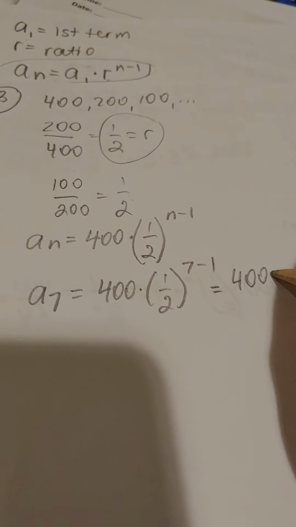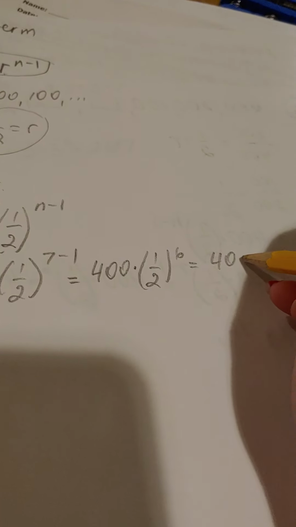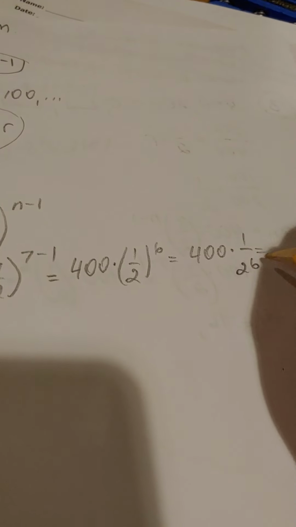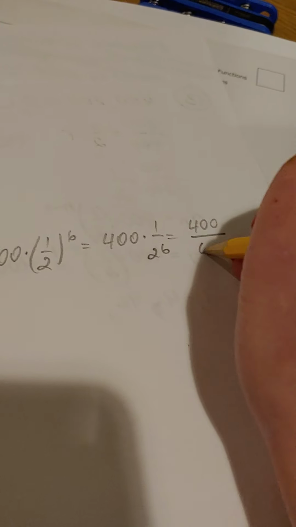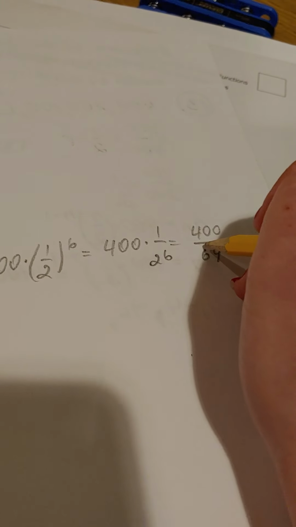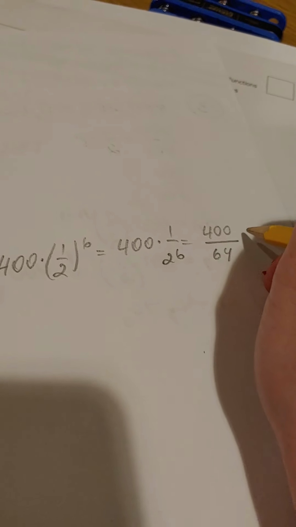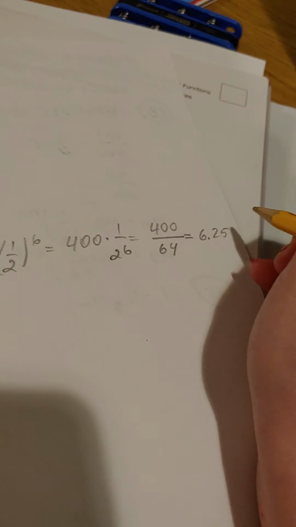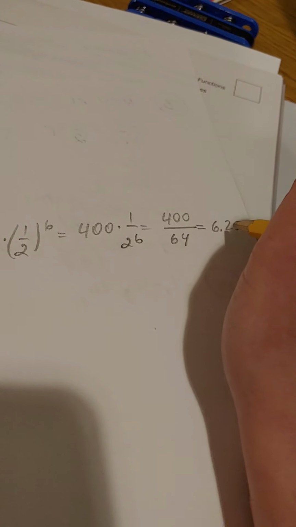So 400 times 1/2 to the 6th power is the same thing as 400 times 1 over 2 to the 6th power. 2 to the 6th power is actually 64. 2 times 2 is 4, 4 times 2 is 8, 8 times 2 is 16, 16 times 2 is 32, 32 times 2 is 64. So if we divide 400 by 64, we're going to get 6.25. That's the answer. The seventh term would be 6.25.